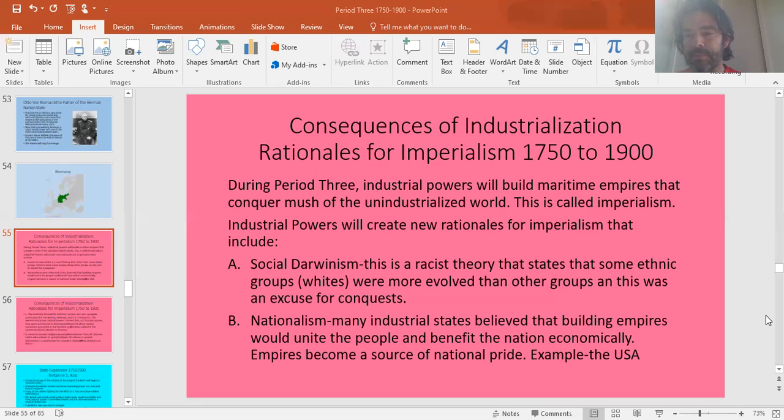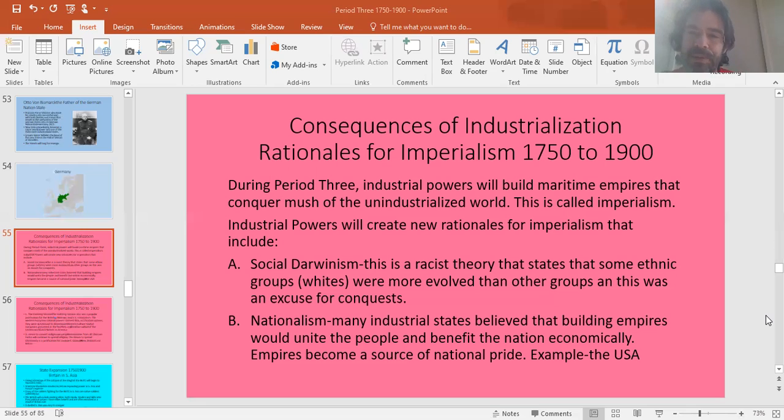For example, in Britain, the British Empire in this period, and we'll look at examples of what the British Empire will look like later, is going to be all over the world. They'll have territories in the Americas, Canada. They'll have territories in Africa, South Africa, and Egypt. They will have conquered India. They will have colonized Australia and New Zealand.